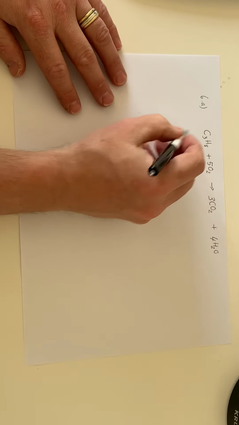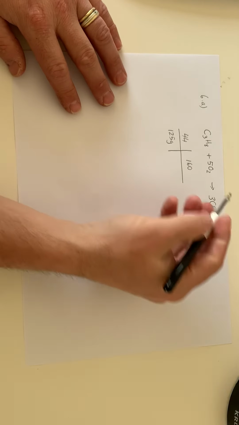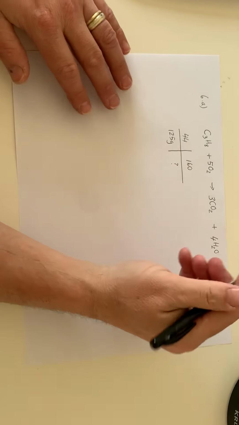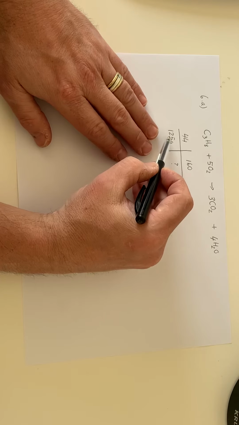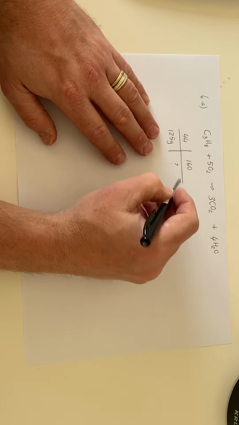We now know that we've been given 125 grams of propane and we want to know how much oxygen is required. Okay, so just the same ratio. If we look at this ratio, 44 to 160, that one's got to be a lot bigger, roughly 4 times bigger.